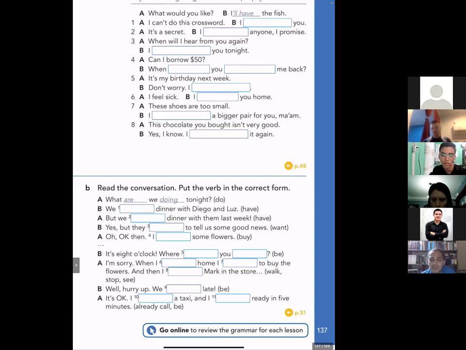What is the correct answer for number 7, teacher? Number 6 is: when I was walking home, I stopped to buy the flowers and then I saw Mark. Stopped in simple past. Exactly, stopped.